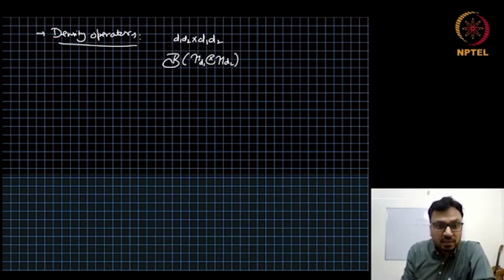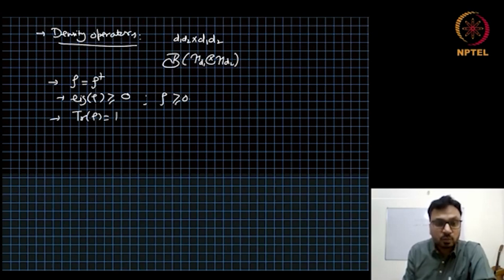As for any other density operator, the density operator of a composite system also satisfies the conditions that if rho is the density operator, then it must be Hermitian. The eigenvalues of rho should be positive semi-definite, or in simple words, rho is a positive semi-definite matrix, and the trace of rho is 1.